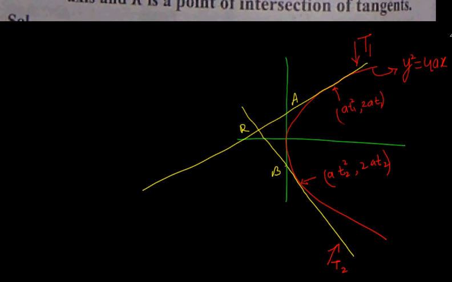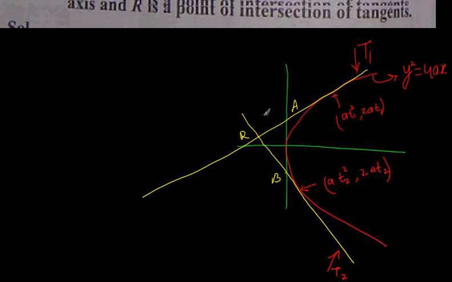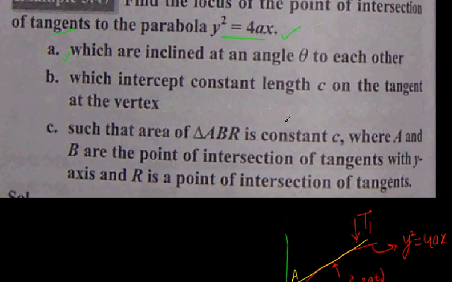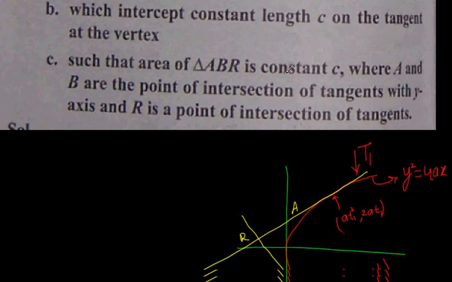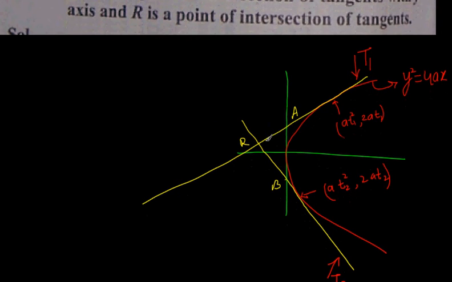According to the first problem, these two yellow tangents are inclined at an angle theta to each other. It means it's making angle theta over here. Then what are the equations of these two tangents? T1 will be y is equal to mx plus c.